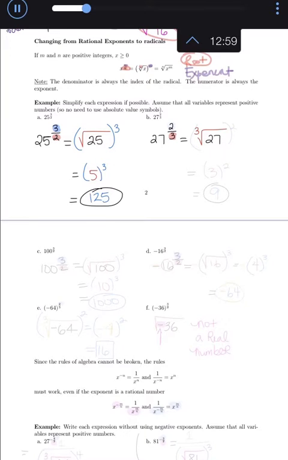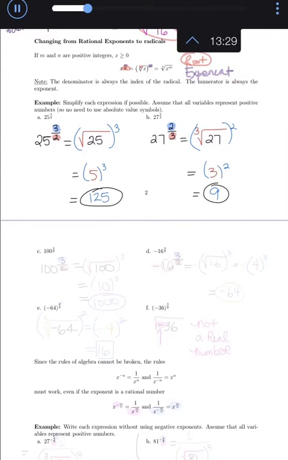The cube root of 27 is 3, but we can't ignore the top number, which is a 2, so we square whatever we get at the end. 3 squared is 9, so our final answer is 9.